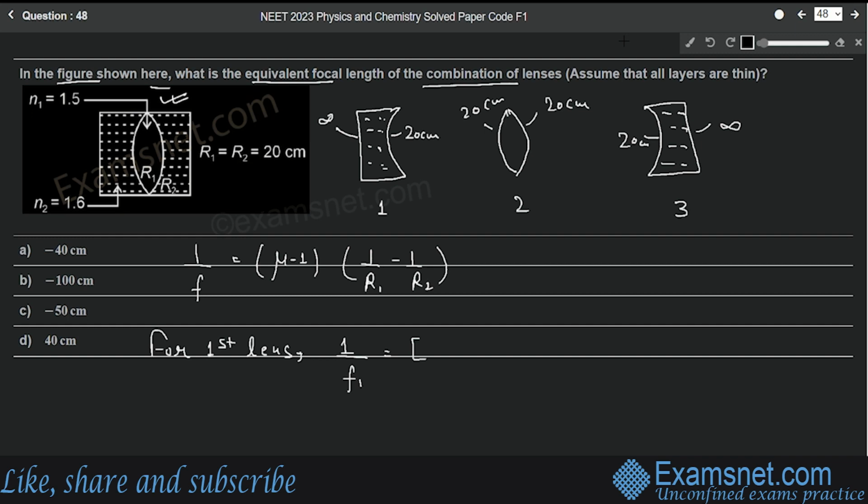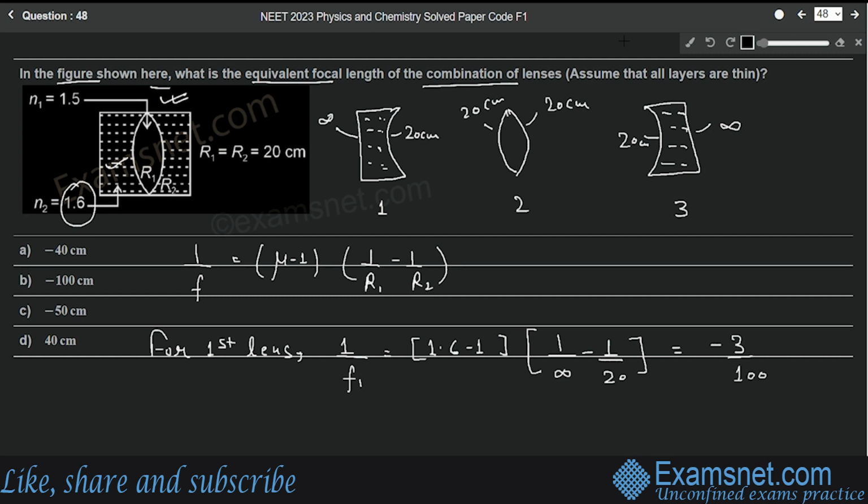What is the refractive index of the first lens? This shaded lens is 1.6. So 1.6 minus 1, and this side we have 1 by R1 minus 1 by R2. So R1 is infinity minus 1 by 20, R2 is 20. Now if you solve this, you will get minus 3 by 100.